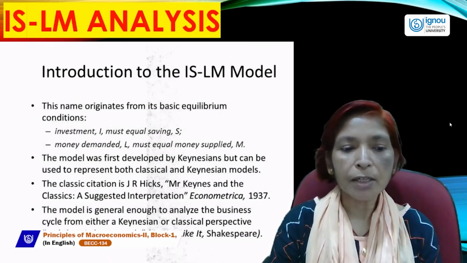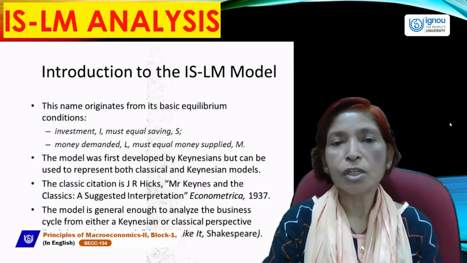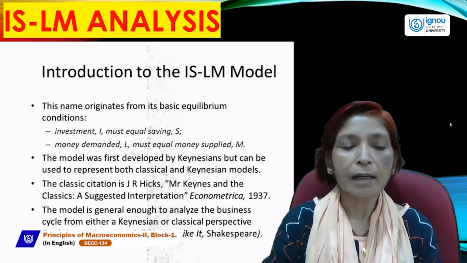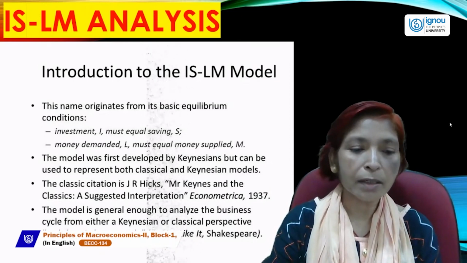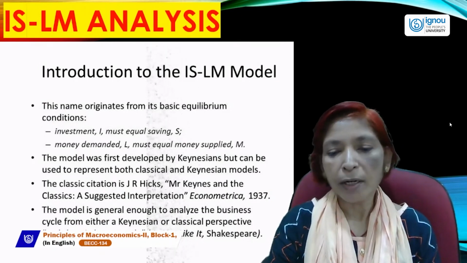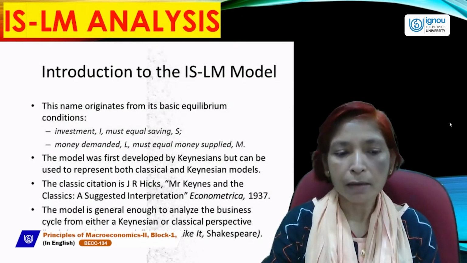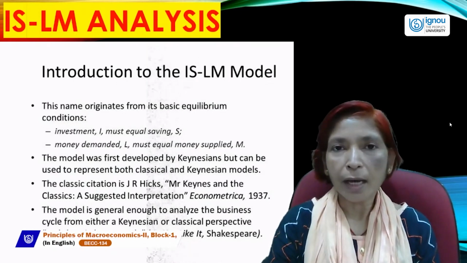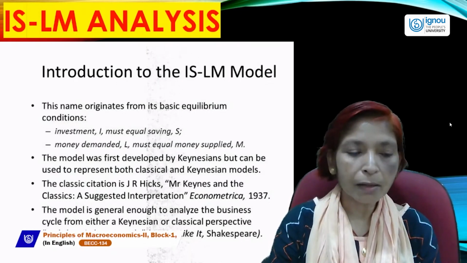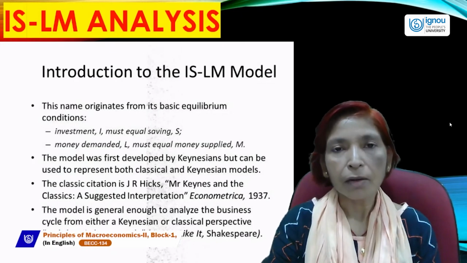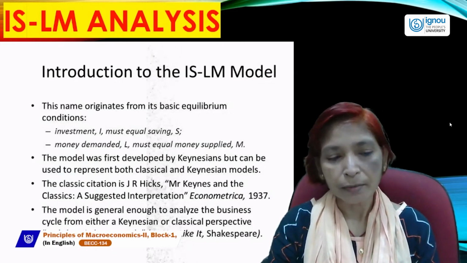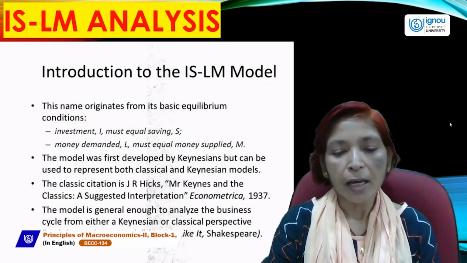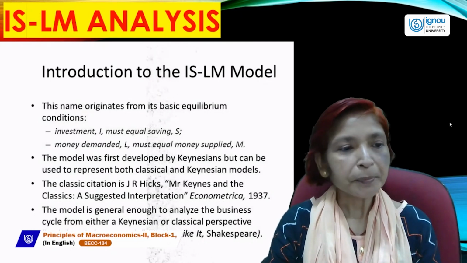The classic citation is J.R. Hicks, "Mr. Keynes and the Classics, A Suggested Interpretation," Econometrica, 1937. The model is general enough to analyze the business cycle from either a Keynesian or classical perspective.